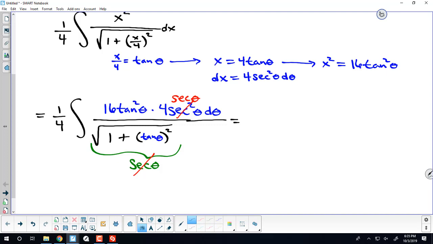So it's 16 over 4, we'll just call that 4. Well, rather, we'll call that 16 and divide the 4s. So we have 16 tangent squared secant d theta. Is that right?